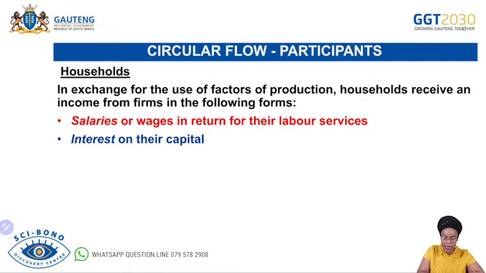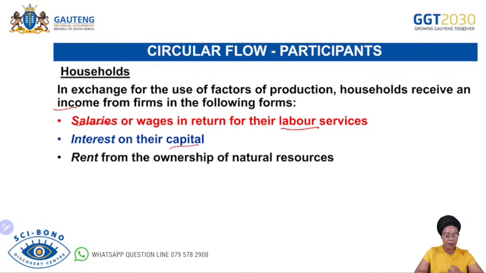So they will receive salaries. That income will be salaries. Remember, we said they own labor. If they own labor, as a worker, at the end of the month, fortnight, or the end of a week, you will receive a wage or a salary. That is the income. Because they own capital, they will also receive interest.